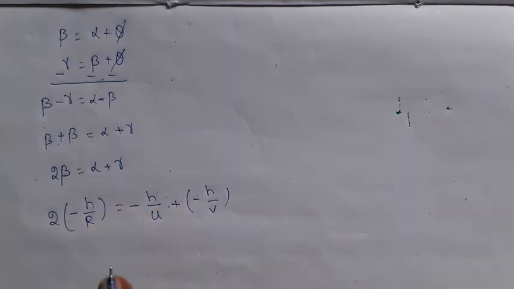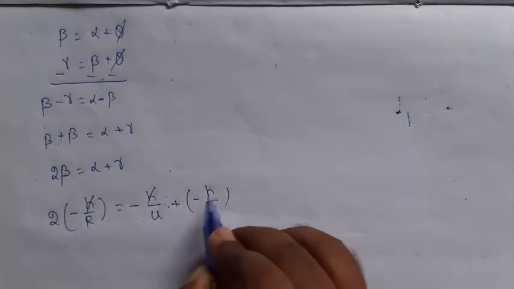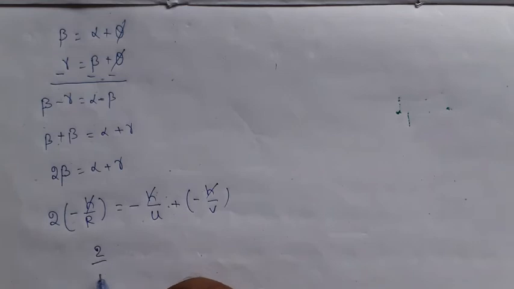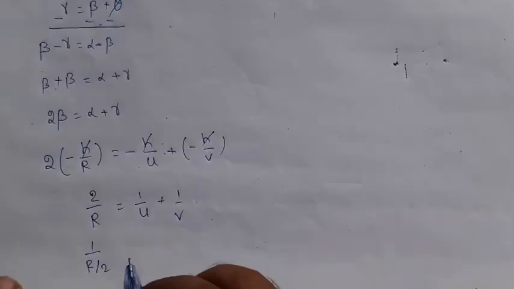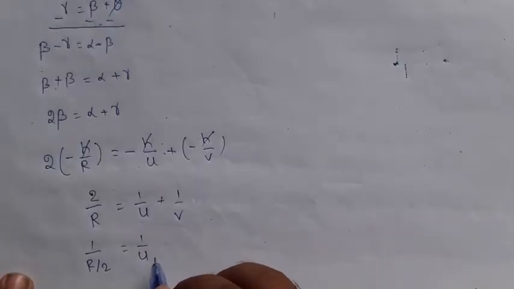So the minus signs cancel, and h also cancels. So 2 by R equals 1 by U plus 1 by V. So 1 by f, taking R by 2, equals 1 by U plus 1 by V. Okay.